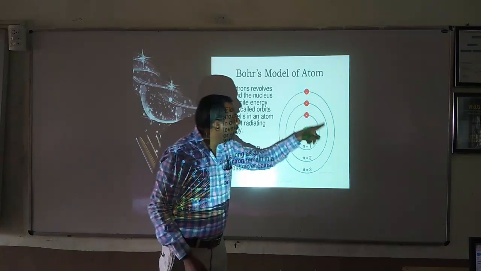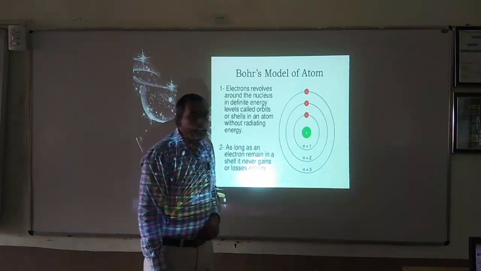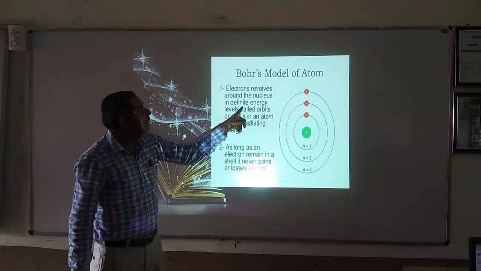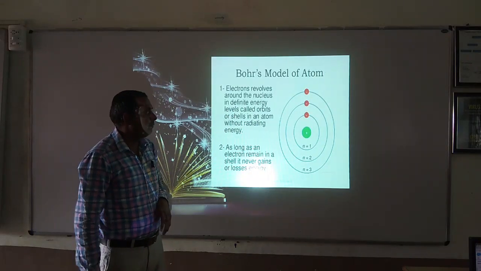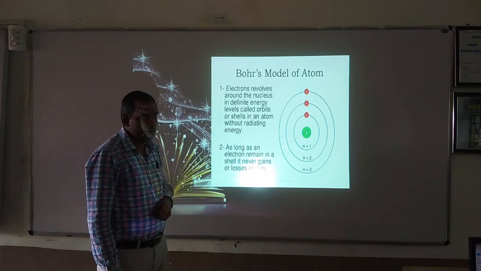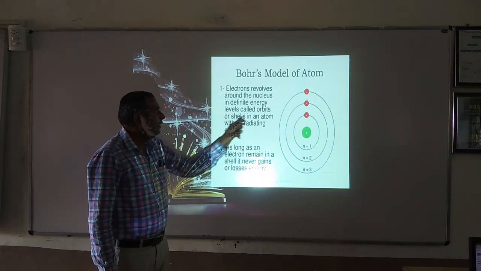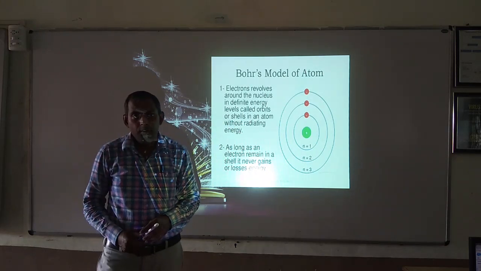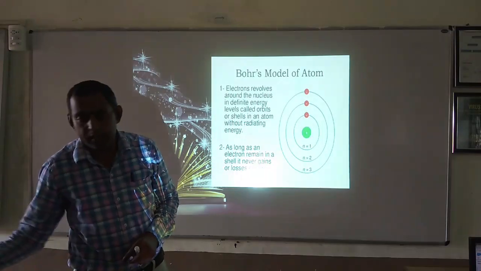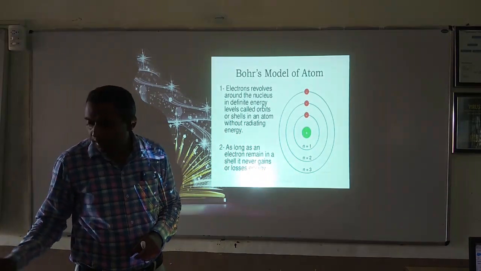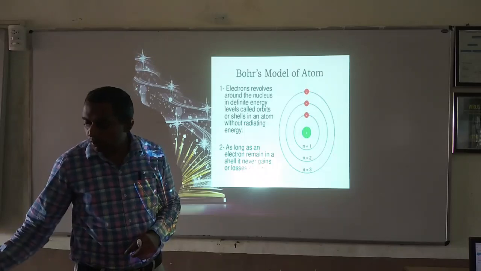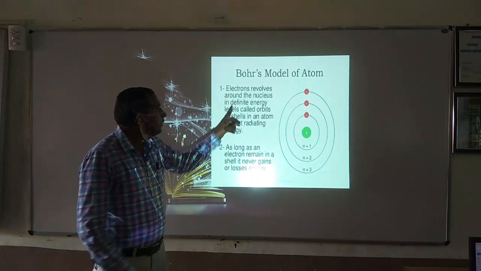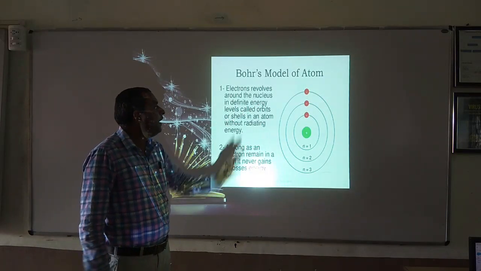Electrons revolve around the nucleus in definite energy levels called orbits or shells in an atom, without radiating energy.